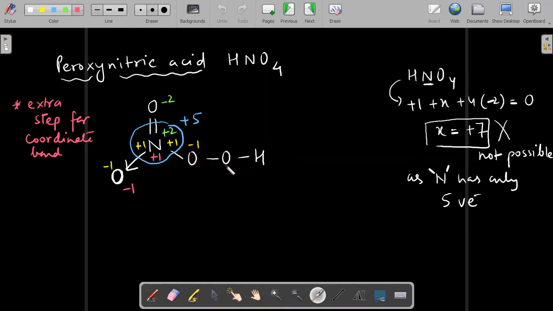Okay. तो आप कैसे निकालें स्ट्रक्चर देख के? देखो N is doubly bonded to oxygen, ऑक्सीजन हो गया -2, नाइट्रोजन हो गया +2. अब ये वाला बॉन्ड देखो, यहाँ तो सिंगल बॉन्ड है, तो ऑक्सीजन -1, नाइट्रोजन +1. ये भी सिंगल बॉन्ड है, नाइट्रोजन +1, ऑक्सीजन -1, है ना. और हमारा कोऑर्डिनेट बॉन्ड वाला एक्स्ट्रा स्टेप देखो, एरो कैसे जा रहा है, नाइट्रोजन टू ऑक्सीजन, तो एक एक्स्ट्रा +1 एंड एक एक्स्ट्रा -1. तो मैं सारी वैल्यूज को ऐड कर दूं, नाइट्रोजन कम्स आउट टू बी +5.